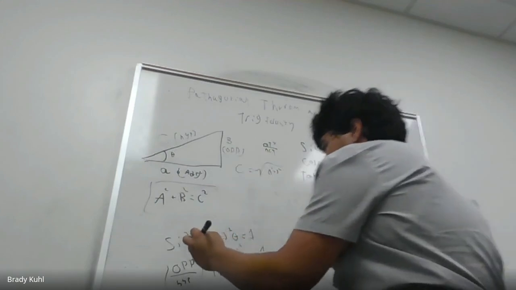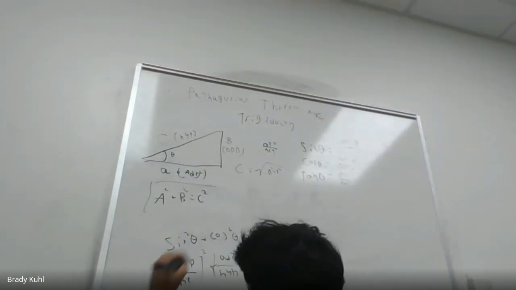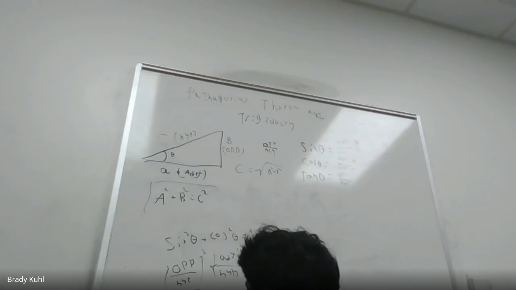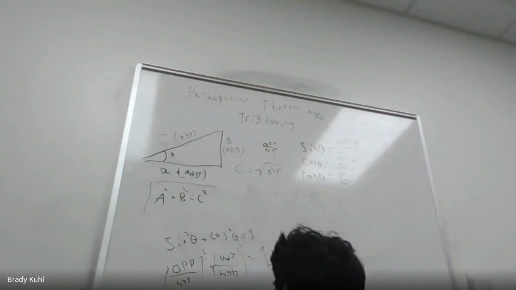Basically, how you would do it is square both sides to get opposite squared plus adjacent squared over hypotenuse squared equals 1.